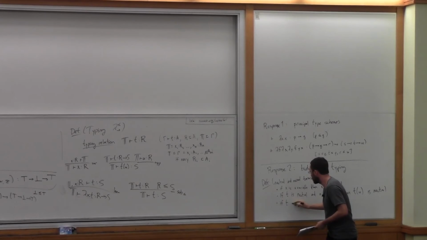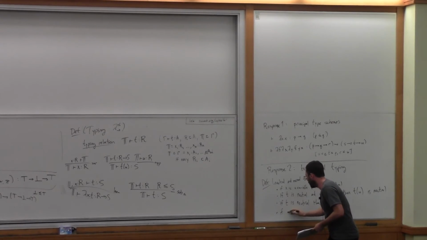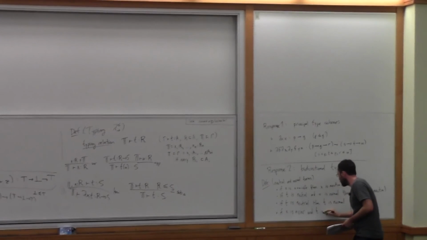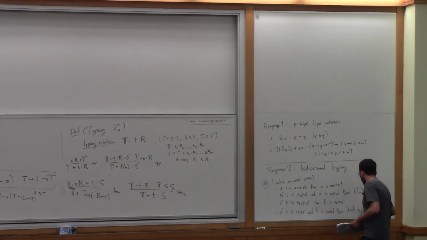If t is neutral, then t is normal. And if x is a variable and t is normal, then lambda x.t is normal.